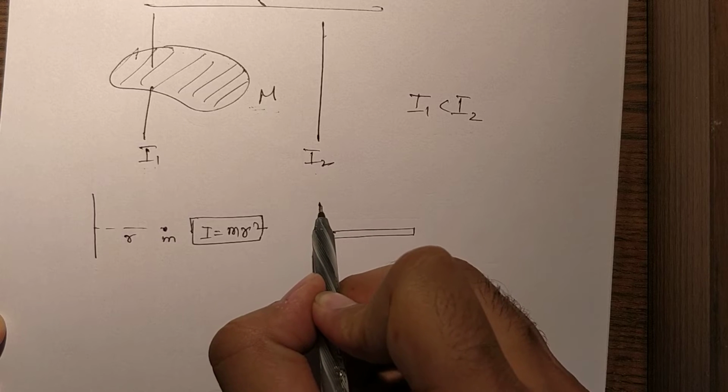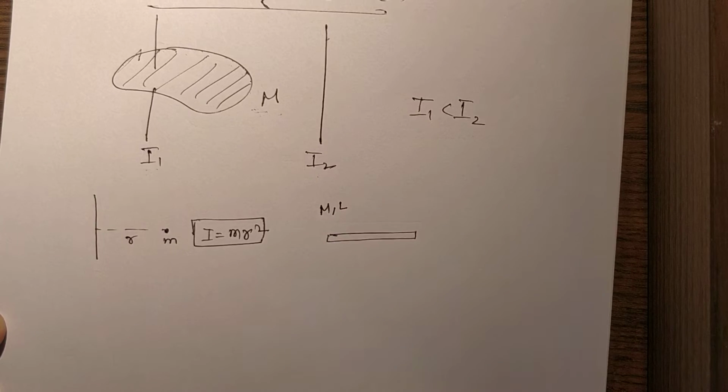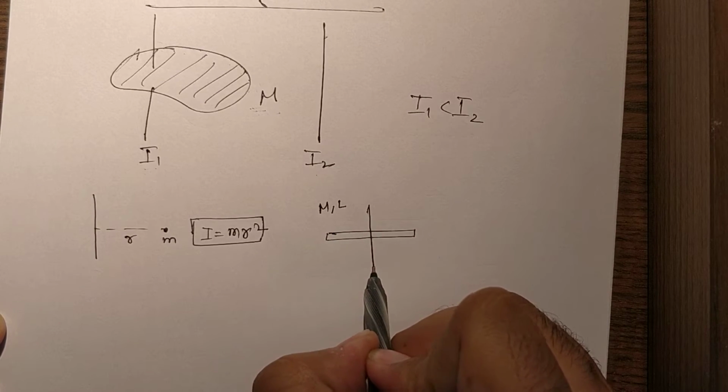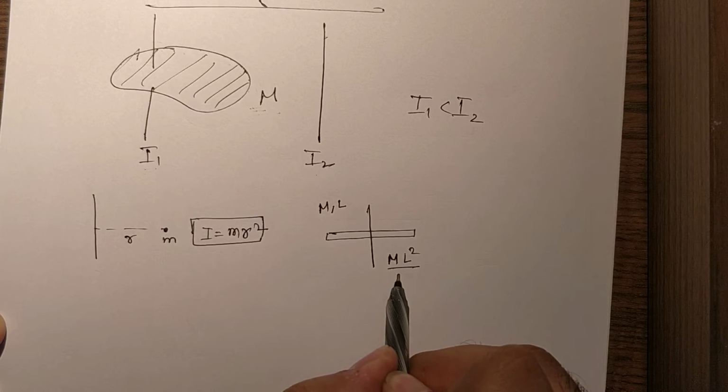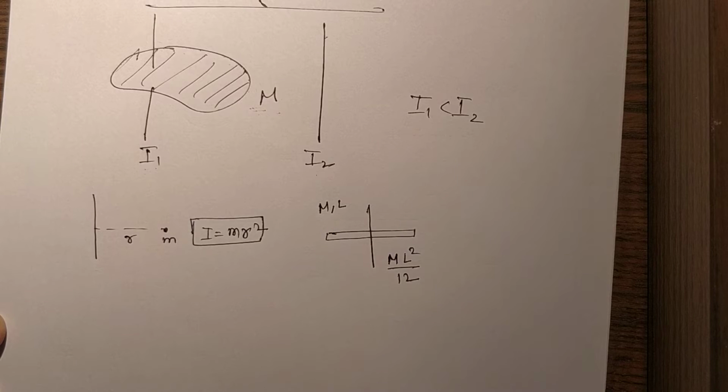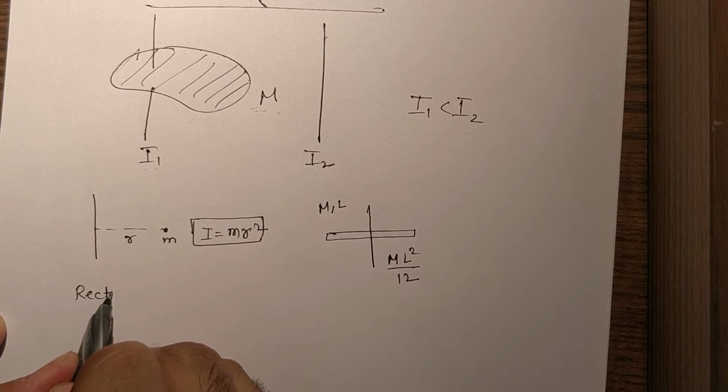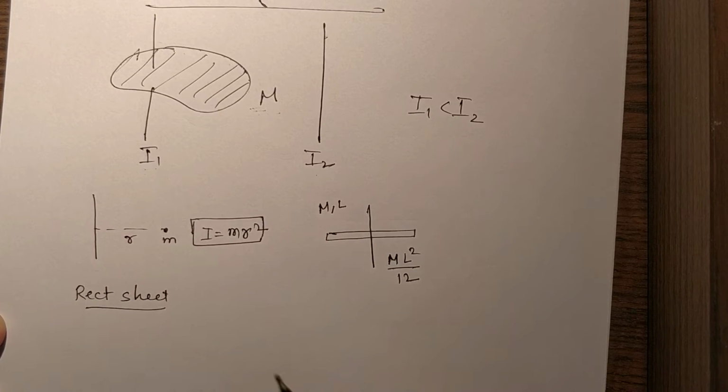Next is uniform rod. Let's take a uniform rod of mass m, length l. Let's take an axis passing through its center of mass. Its moment of inertia will be ml square by 12. Similarly, you can take a uniform rectangular sheet of length l and breadth b.